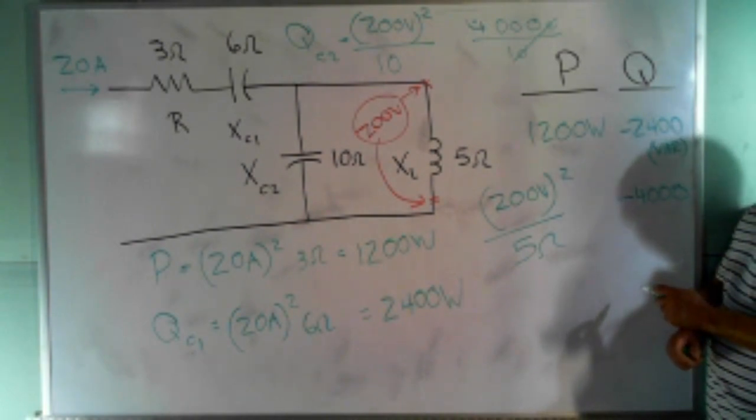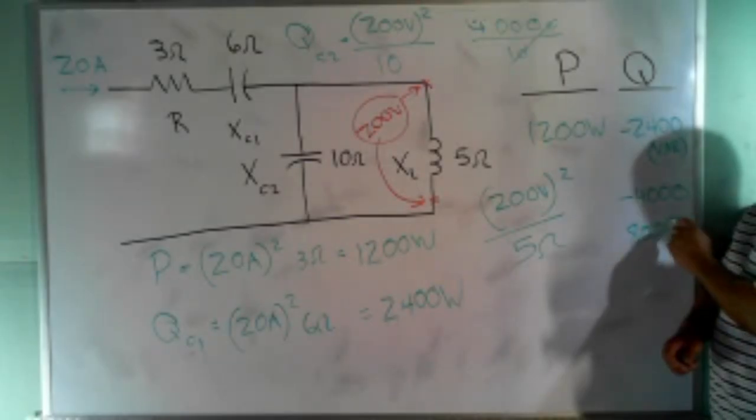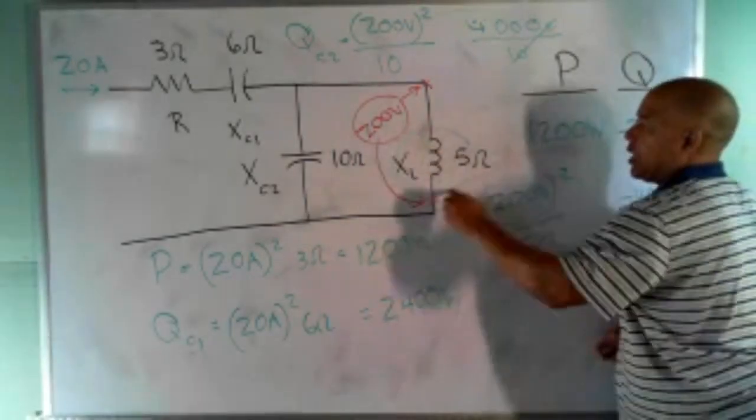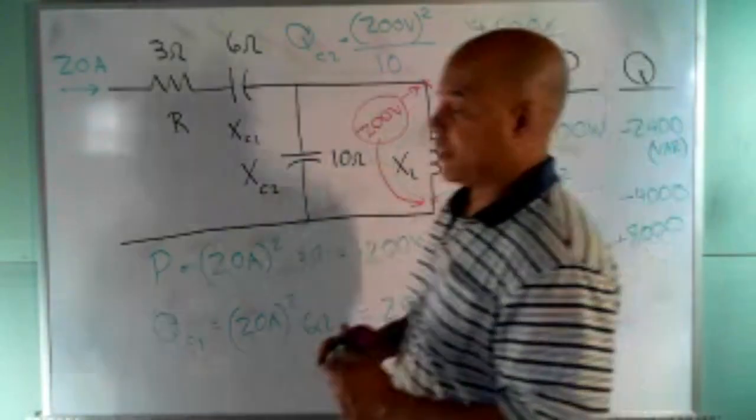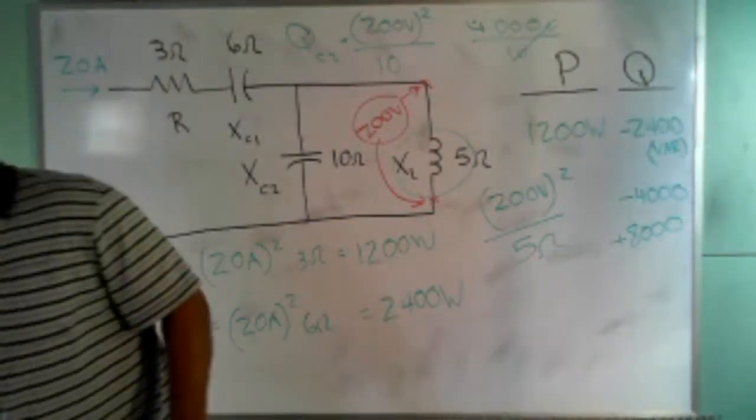I got 8,000. Okay. Now, since that is from an inductor, that's a positive 8,000. Now you can see why I put it in a table form because we can just tally it up now.